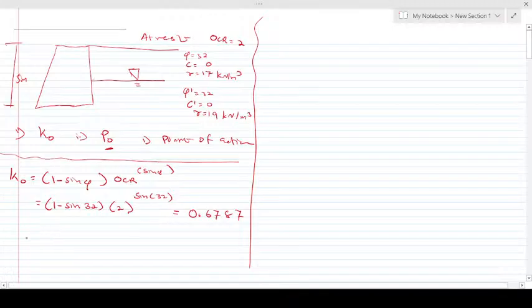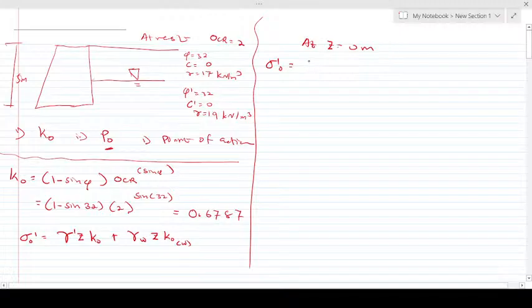Since again this is at rest, we have our general formula for at rest condition for the pressure to be gamma prime z K naught plus gamma w z K naught, where this part is for water. So let's say that at z equals 0 meters, our lateral stress is equal to what?